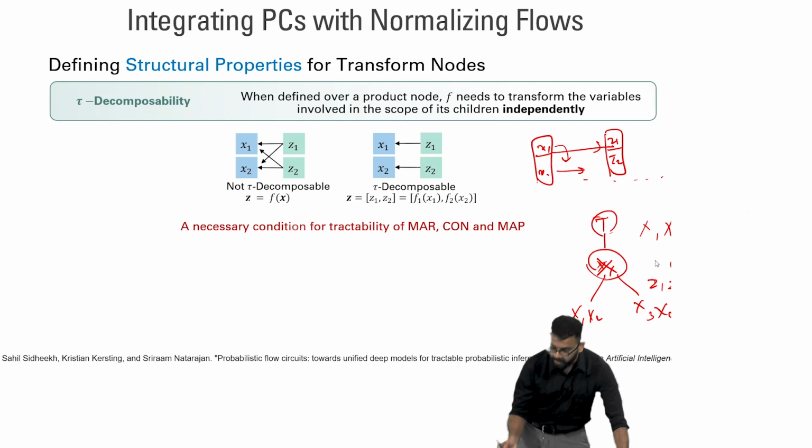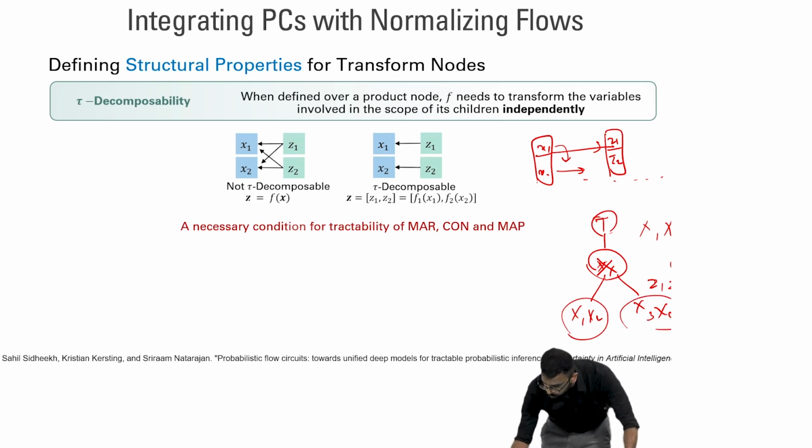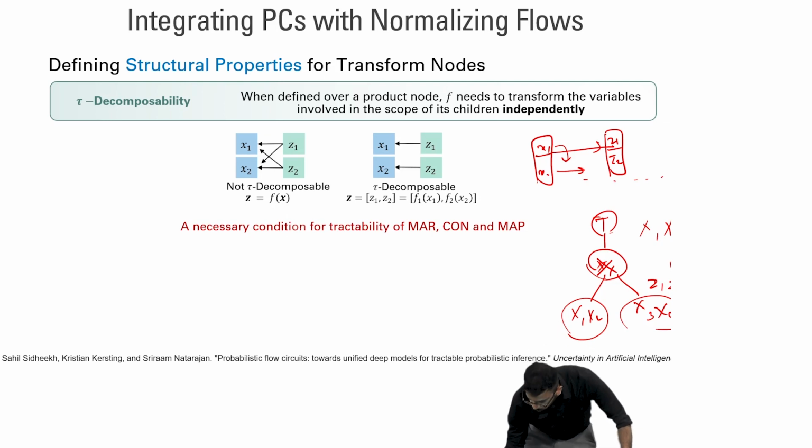Now, what is the property that it needs to satisfy? Well, here in the product node, I'm saying that x1 and x2 are independent from x3 and x4, right? So I have to define a transformation that respects this independence. How can I do that? When I compute z1 and z2, it should depend only on x1 and x2, and z3 and z4 should depend only on x3 and x4.